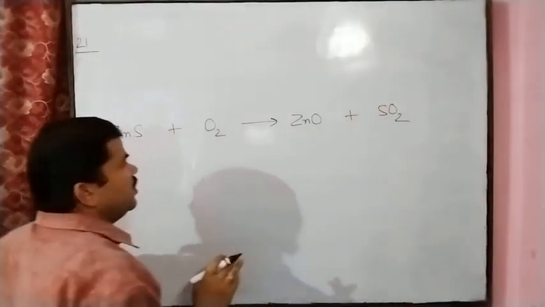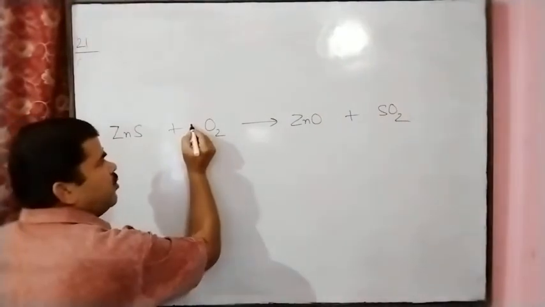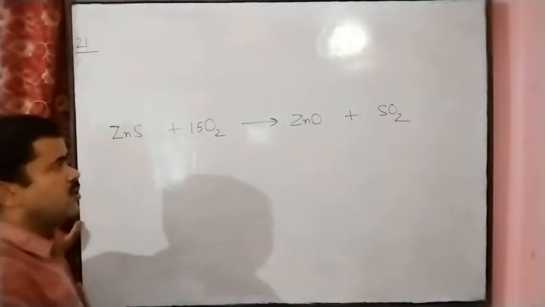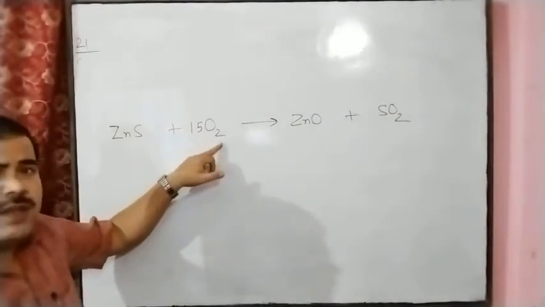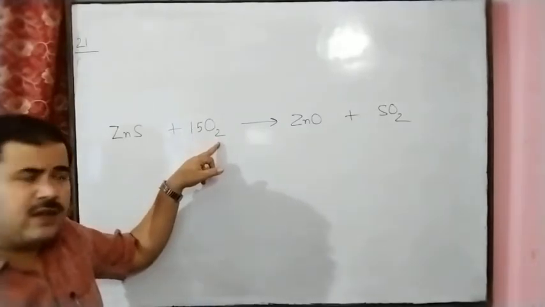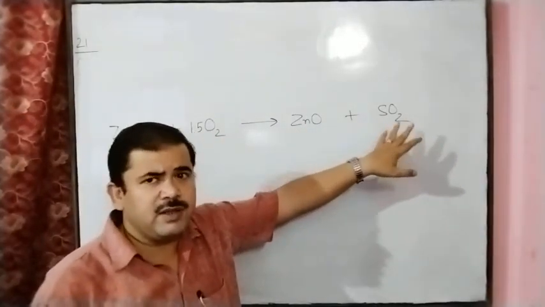So we will balance the oxygen. A very easy way: suppose you write 1.5, so 1.5 times 2 gives 3. So the reactant side has 3 oxygen atoms and the product side also has 3, balanced.